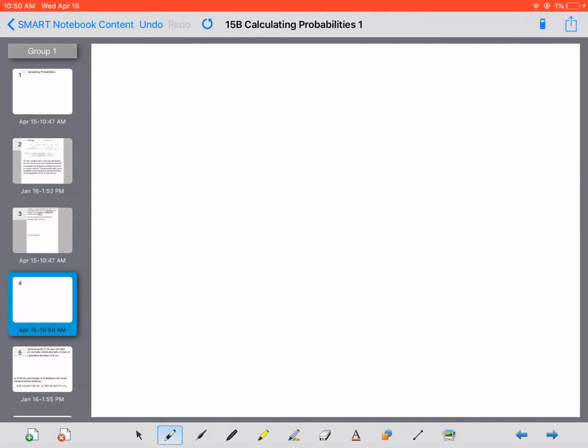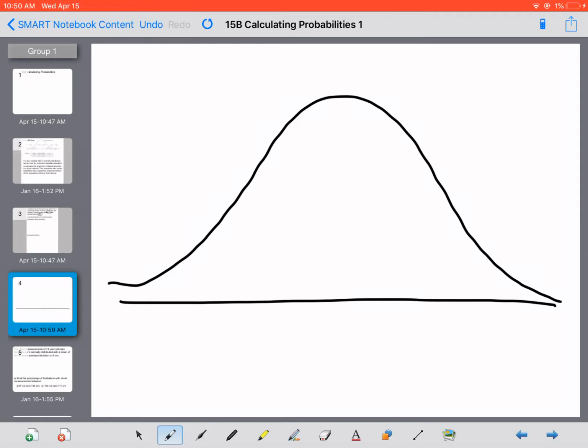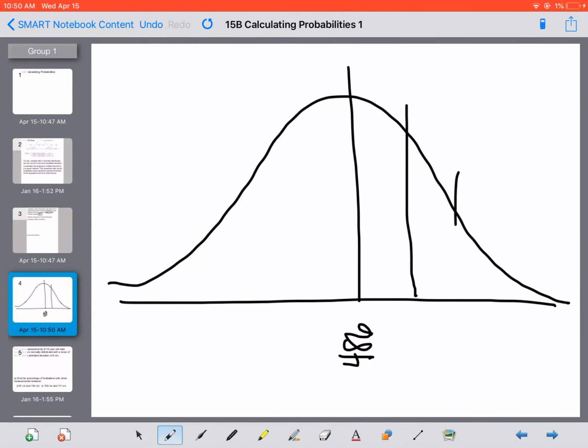So I'm going to just go to a different page here. If you remember, we have a horizontal asymptote, and then we have our normal curve. Our mean is in the middle, which is going to be 486. And then remember, we want to talk 1, 2, 3 standard deviations above, and 1, 2, 3 standard deviations below.